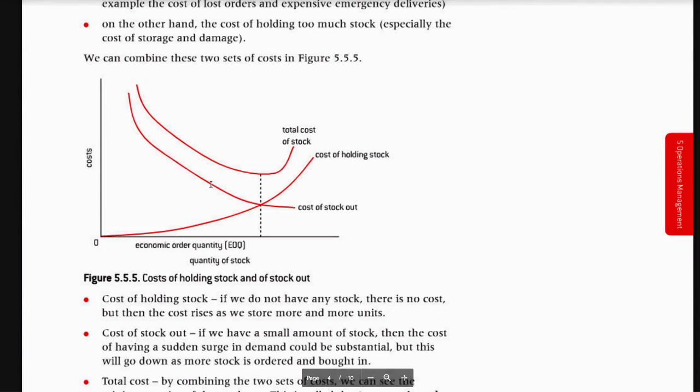The cost of stock out going down means that as we hold stock, we don't have to worry about not having the product for the customer. So in a sense, being able to supply the customer's needs easily is reducing our costs.